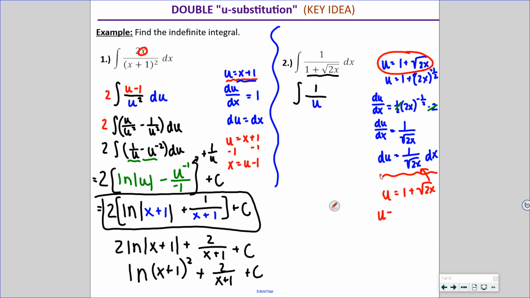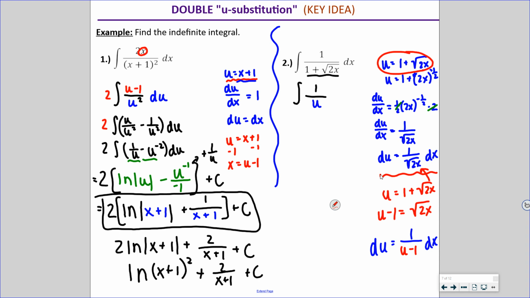So u minus 1 is the same as the square root of 2x. So that du, which is 1 over the square root of 2 dx, is the same as 1 over u minus 1 dx. Okay.